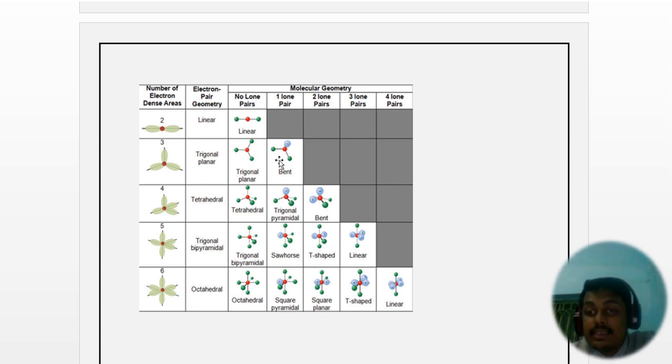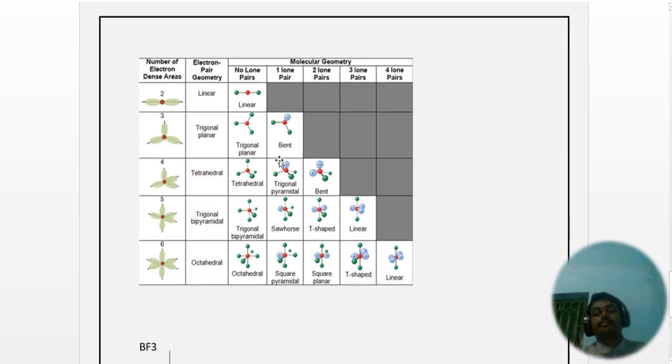So we can say that the sum of lone pairs and bond pairs is the key property for determining the structure of a molecule, and this number is known as the steric number.